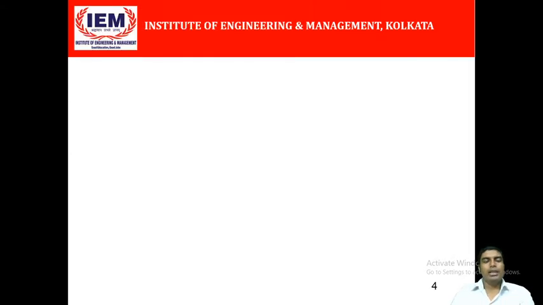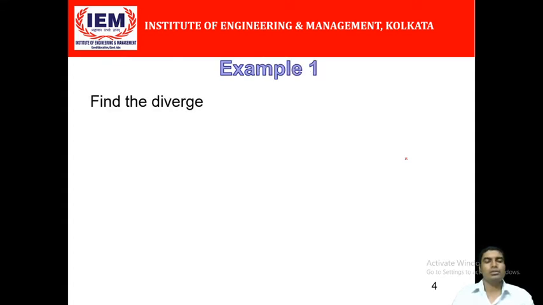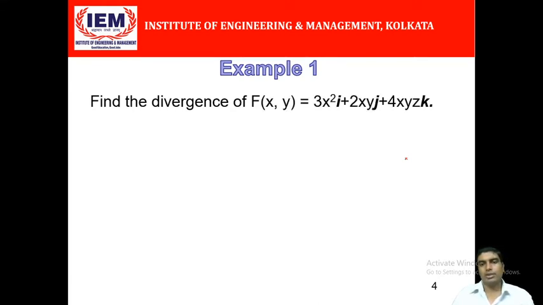Now let's find the curl of some vector fields. First example: let's say f of x y z is equal to 3x square i plus 2xy j plus 4xyz k.